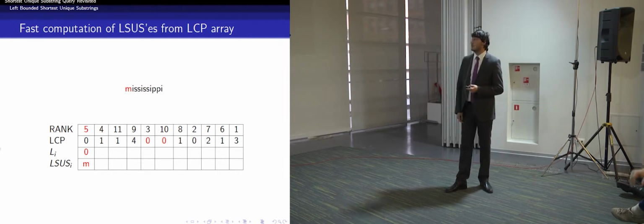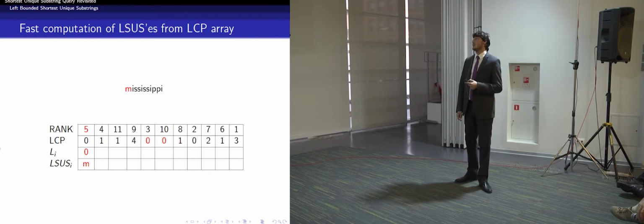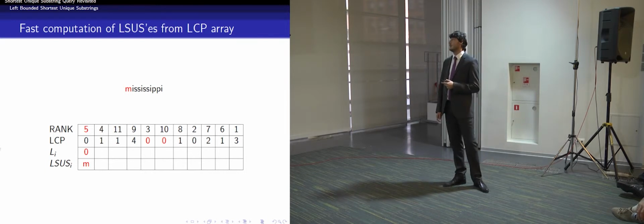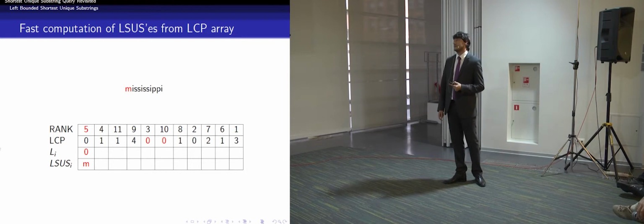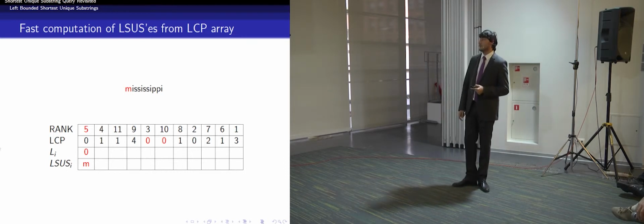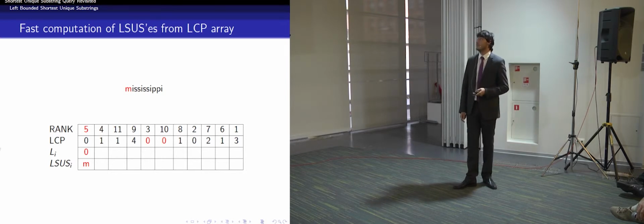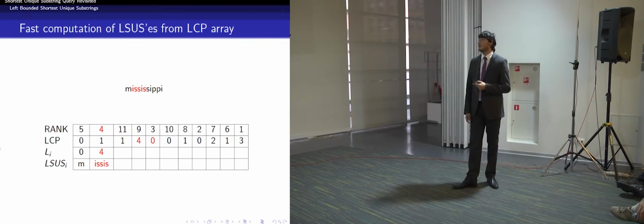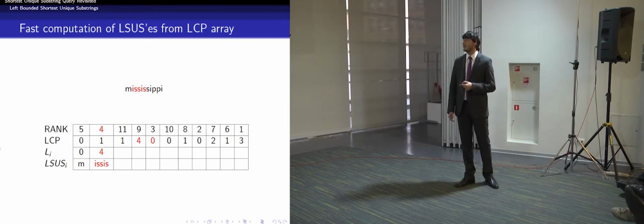We go to position 1 in the rank array. It says that suffix 1 is in the 5th position in the sorted order. We go to positions 5 and 6 and take the maximum of them, which is 0. So it's from position i to position i, which is the singleton. Next, we go to rank 2. It says that suffix 2 is in the 4th position.